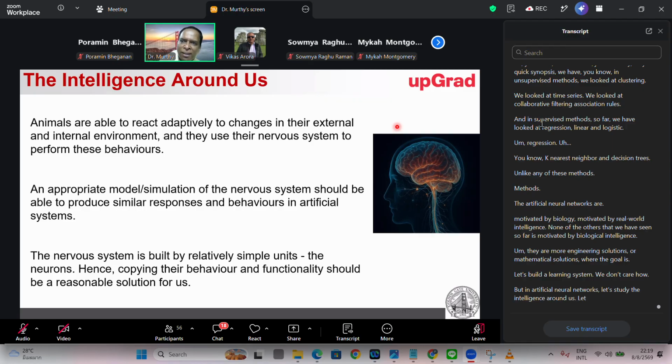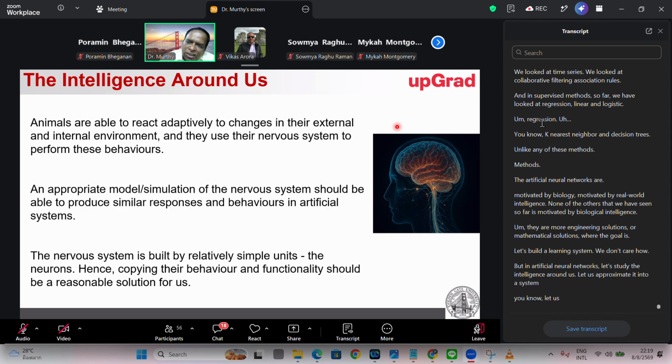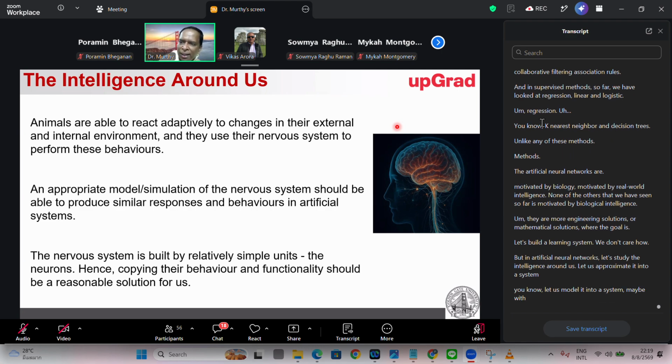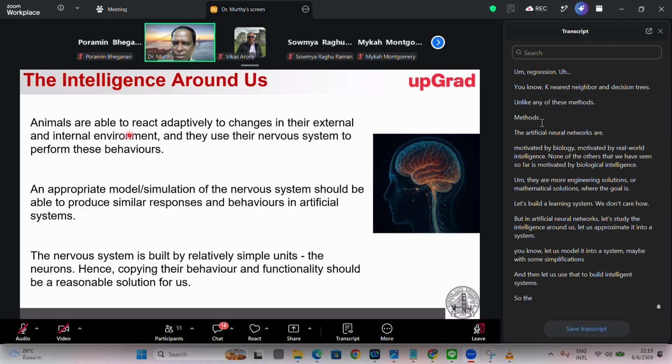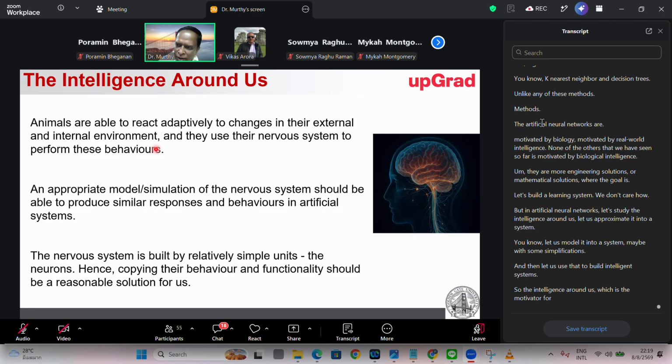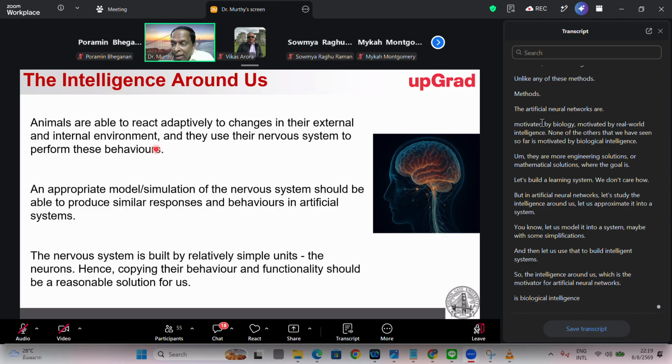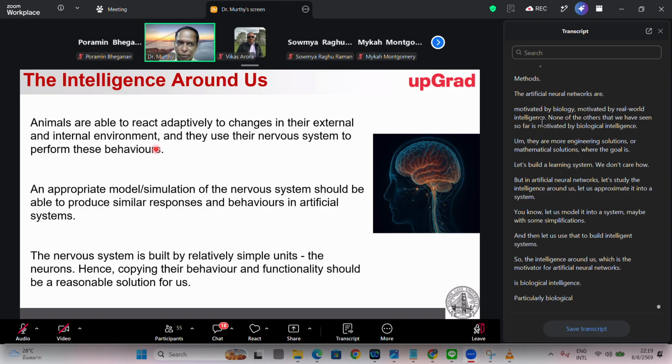Let us approximate it into a system, let us model it into a system, maybe with some simplifications, and then use that to build intelligent systems. So the intelligence around us, which is the motivator for artificial neural networks, is biological intelligence, particularly biological neural networks.